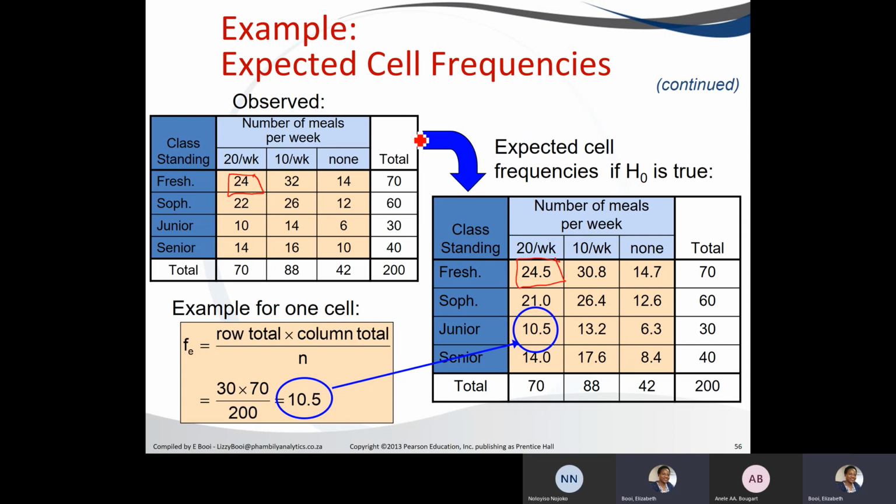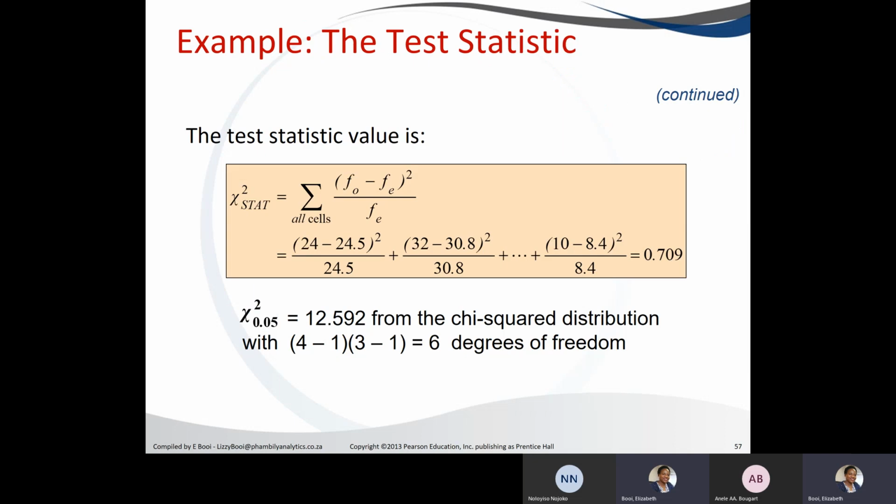So we'll say 24 minus 24.5, and then square the answer and divide by 24.5, and say plus, and then move on to the next one. 32 minus 30.8, squared, divided by 30.8. And you do that for the whole table until you have covered all the values. And when you calculate, you find that it is 0.709.